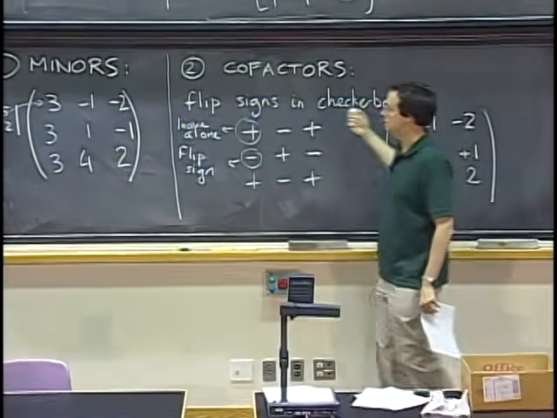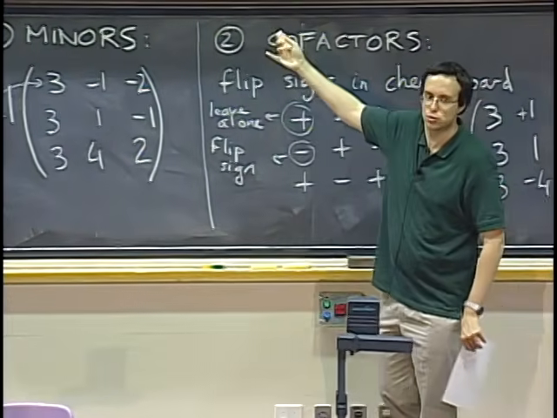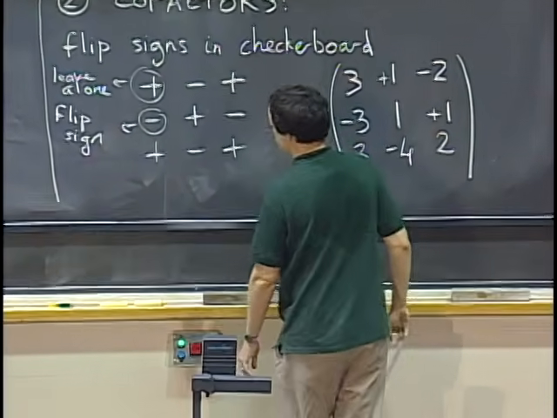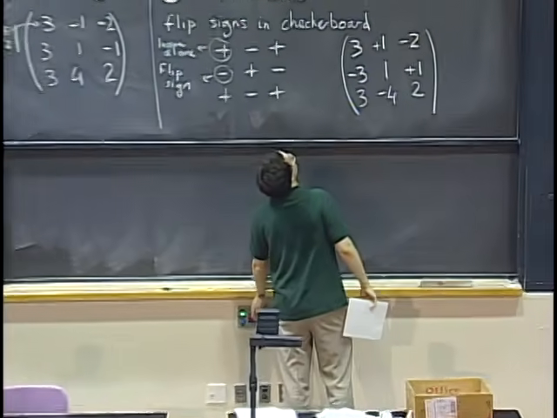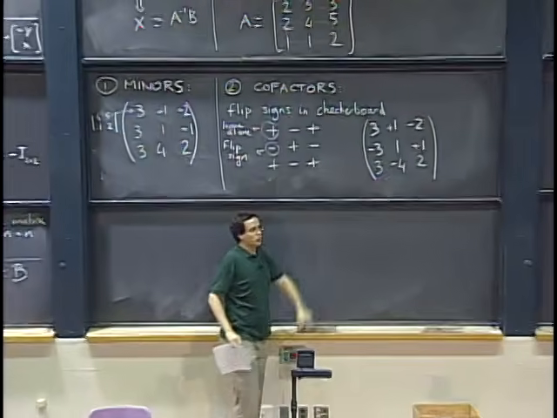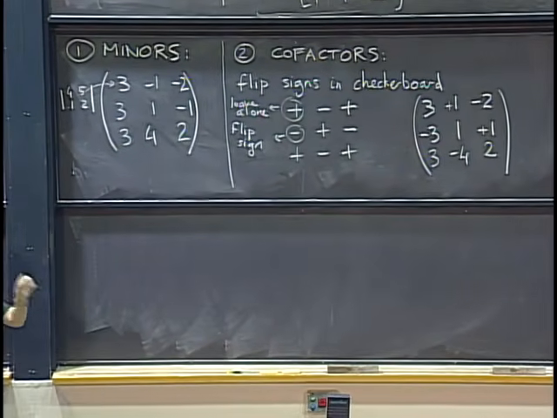The only hard step in terms of calculations is this one, because you have to compute all of these 2 by 2 determinants. By the way, this minus sign here is very related to the way in which, when we do a cross product, we have a minus sign for the second entry.